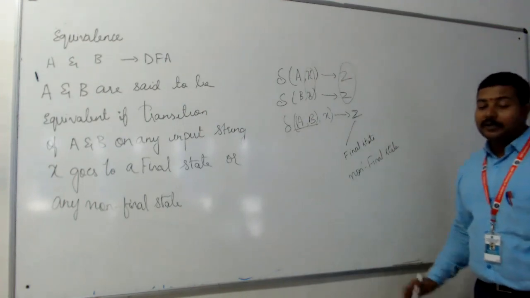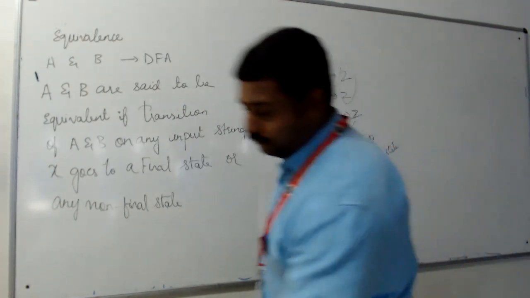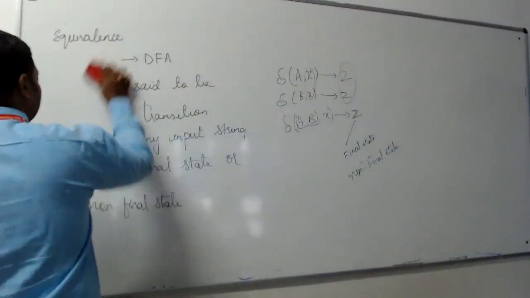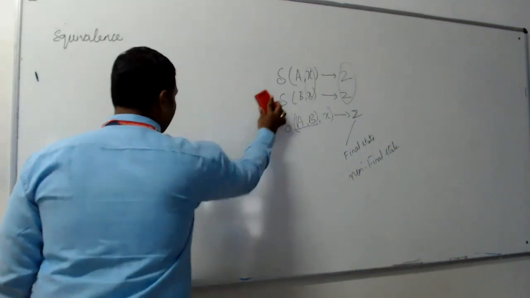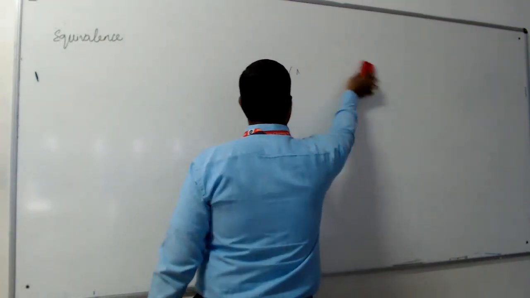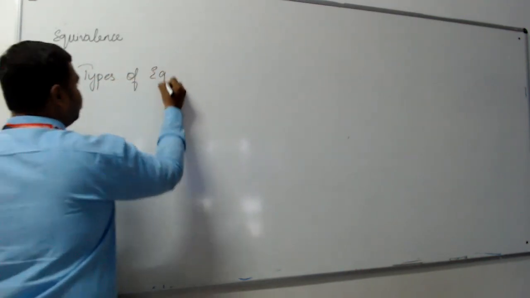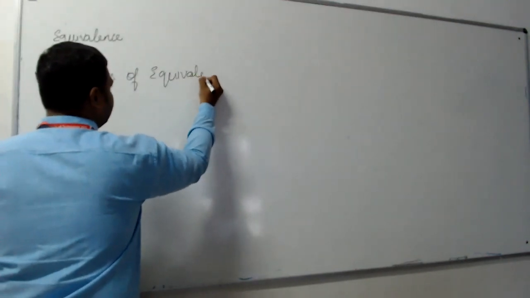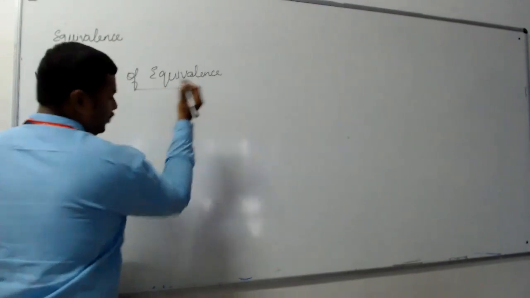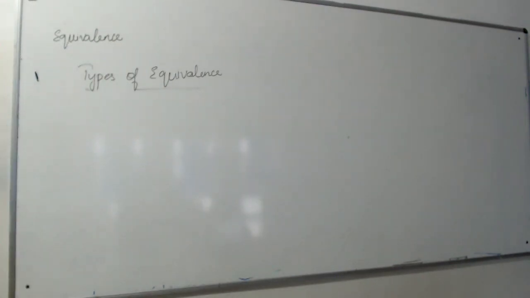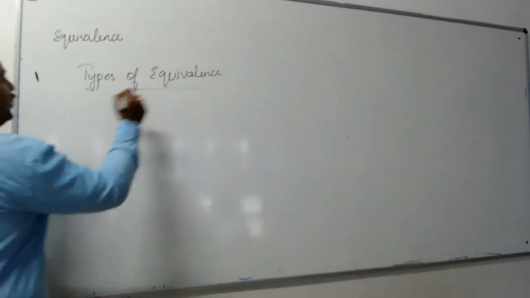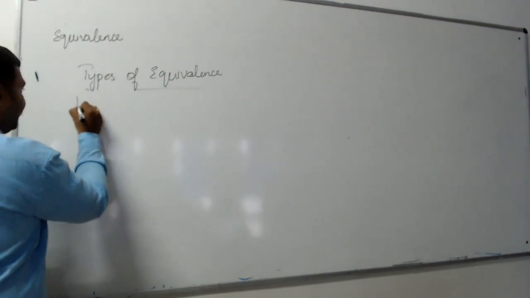Now we will see types of equivalence. The types of equivalence can be categorized based on the length of the string.